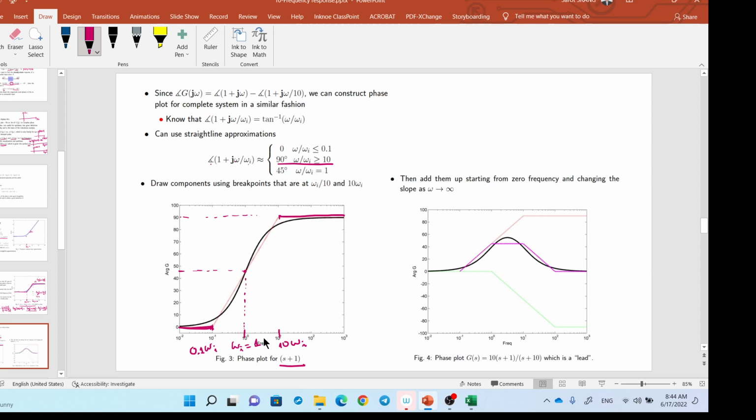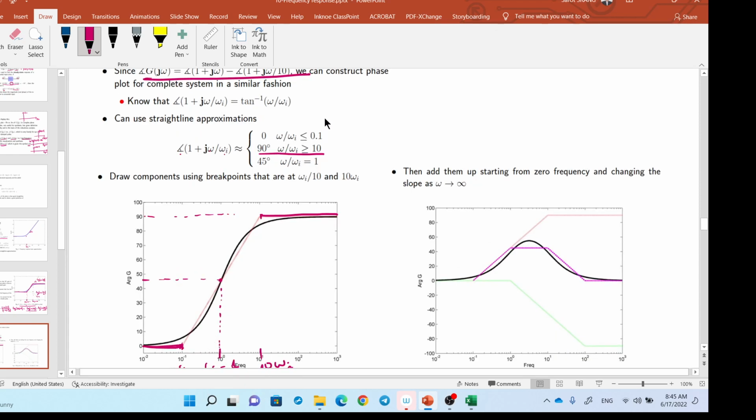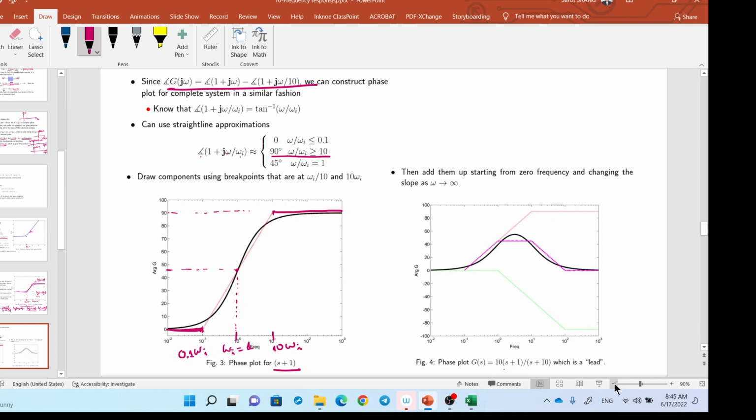And similarly, now you can combine the asymptotes of the two terms that you have split from this. So for the first term you have one asymptote, which is the orange.